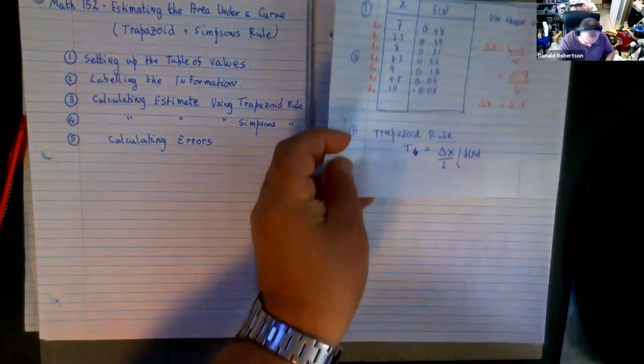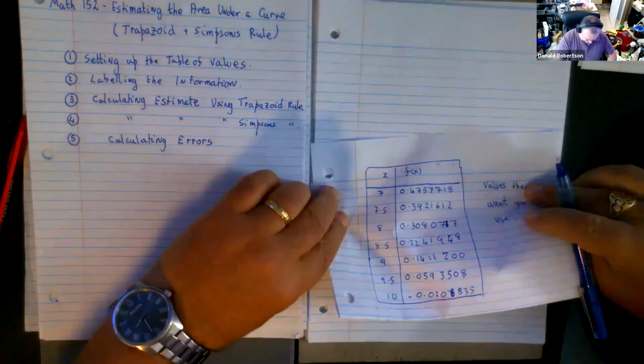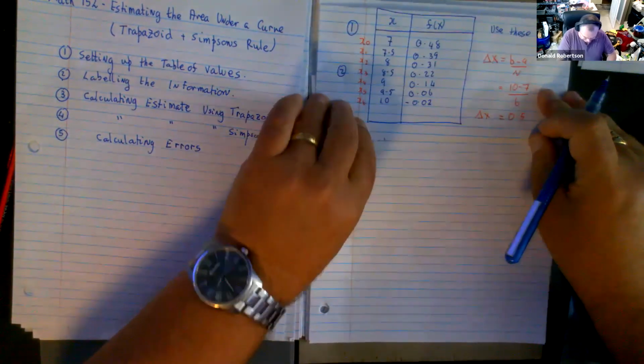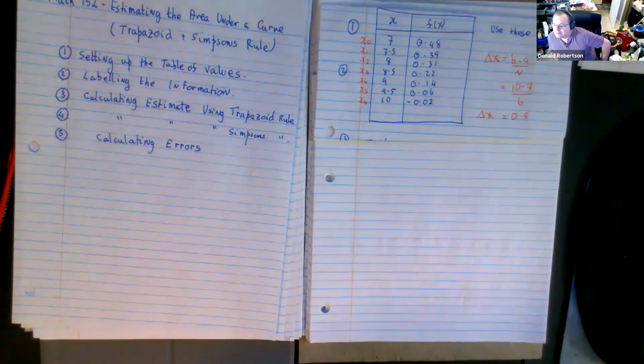I'm going to keep my nice little guy here because you use the same table. Isn't that the same table I would use for left 6 and right 6? And I now use the same table for T6, and I'm going to use that same table for Simpson 6, S6.